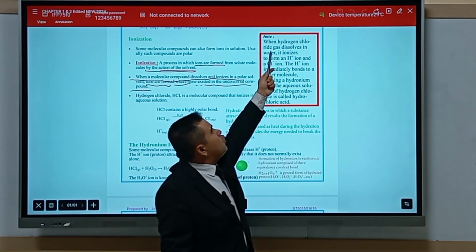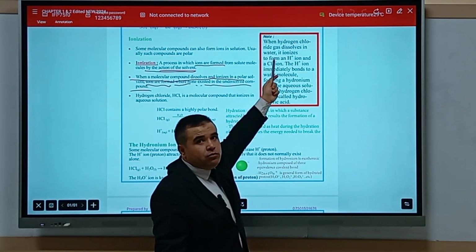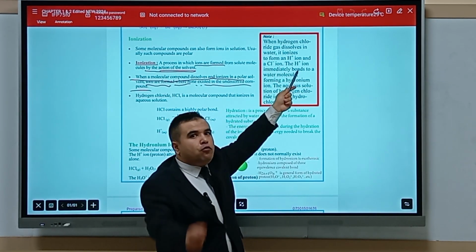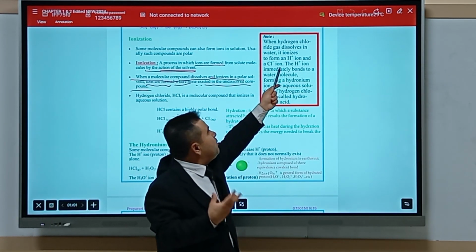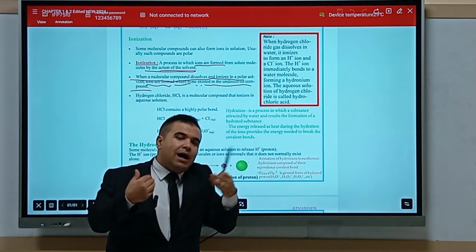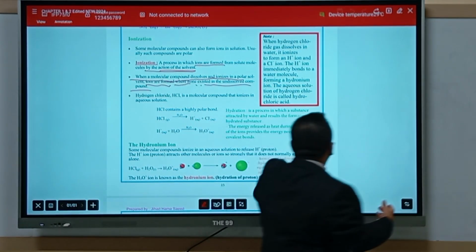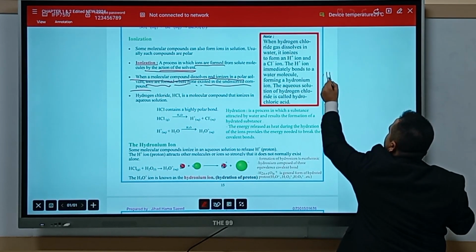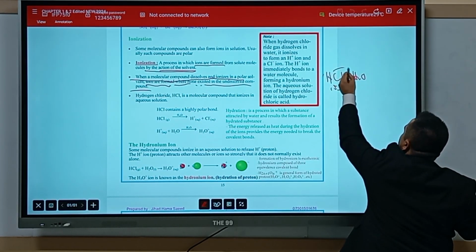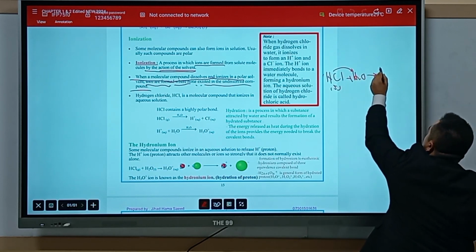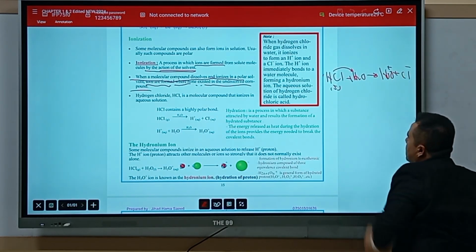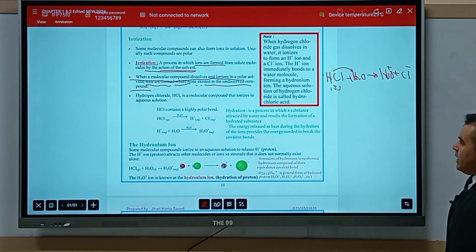When hydrogen chloride gas dissolves in water, HCl dissolves in water, it ionizes to form proton and chloride, but the proton immediately bonds with water to form hydronium and Cl. So this is the HCl gas plus H2O. When we add this to the H2O, it dissolves to form hydronium and Cl negative left behind.